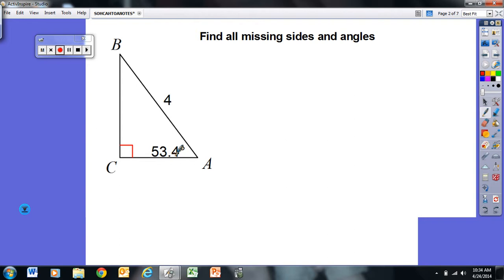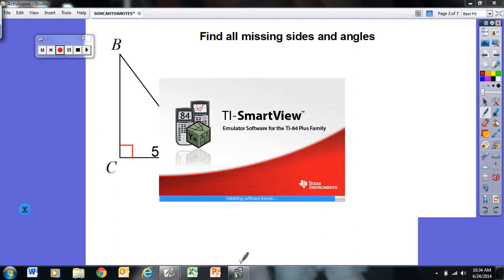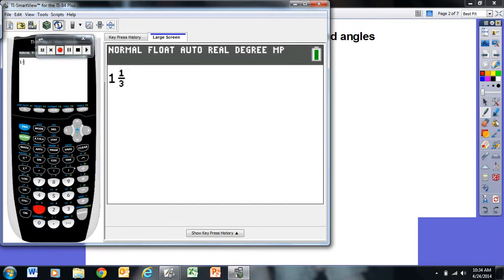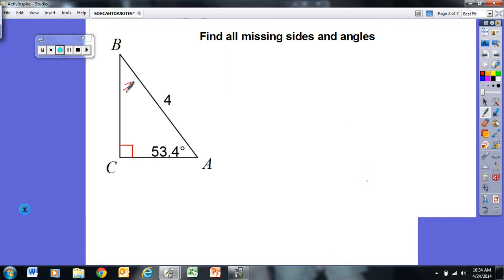So if this one's 90 and this one's 53.4, I can just do 180 minus 90 minus 53.4, which is 36.6. So this angle measure right here is 36.6.